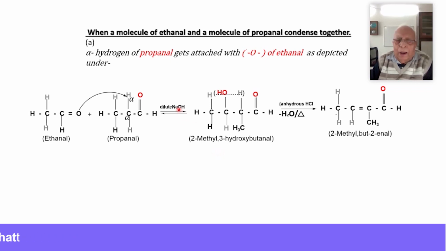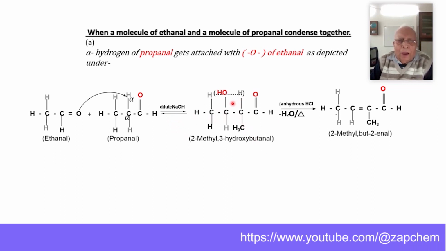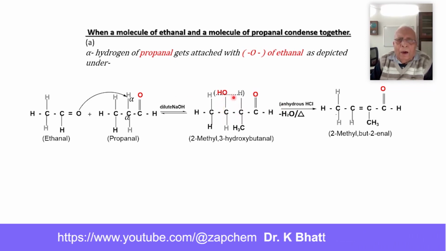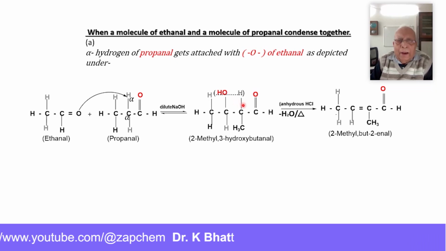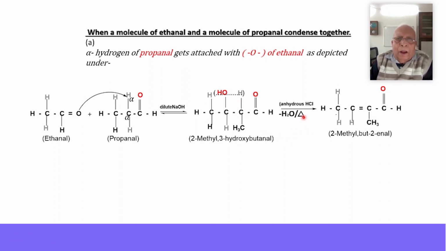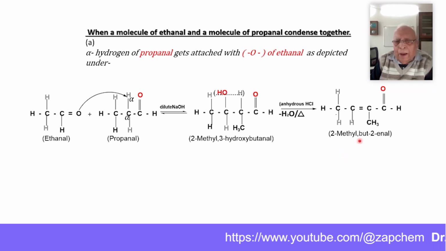Here, hydroxyl ion acts as a catalyst itself, dilute NaOH. Now, in the structure, you find that H and OH on the second and third carbon atoms are very close to each other, they are adjacent, and therefore under suitable conditions in presence of anhydrous HCl, a loss of water molecule sets in and a little heating may be necessary and you get an alkene.